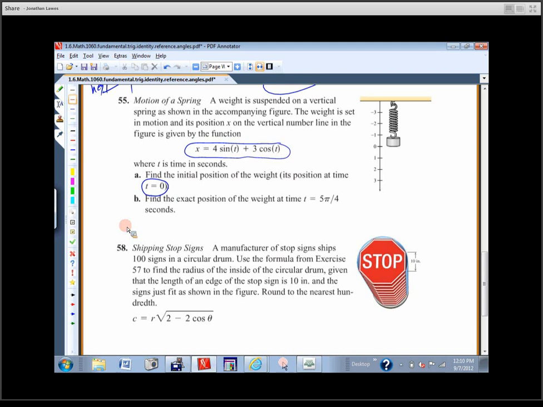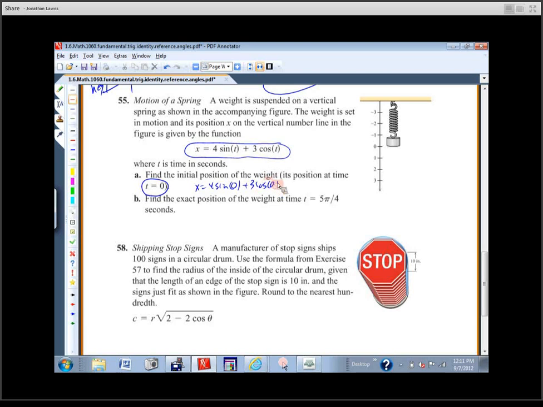Now, if some algebra student walked in off the street and said, hey, you've got this equation right here and t equals 0, what do you think we ought to do? Plug it in. So if I plug that in here, this is going to be x equals 4 times the sine of 0 plus 3 times the cosine of 0.